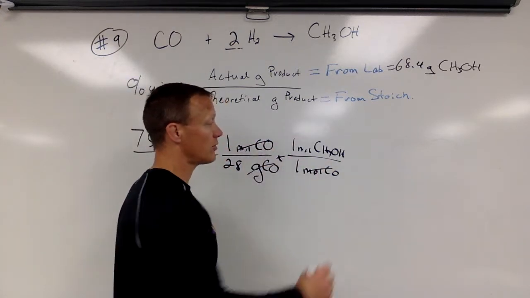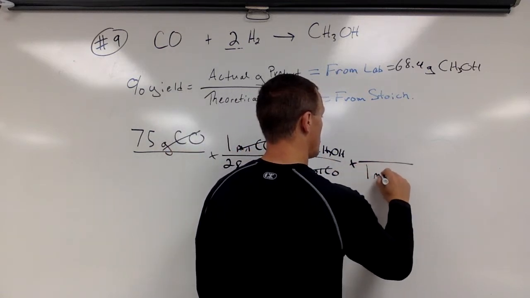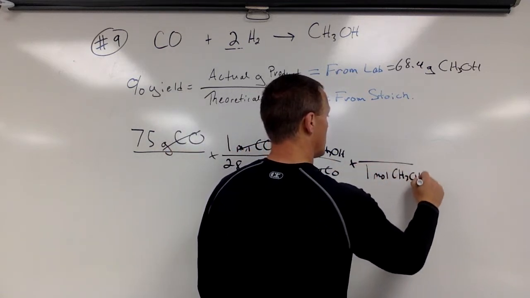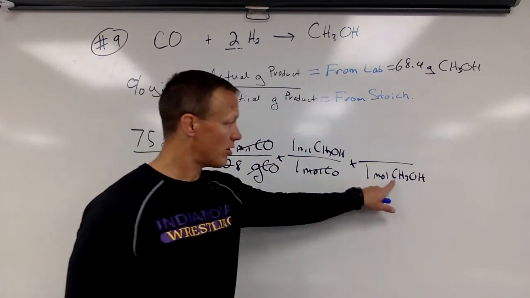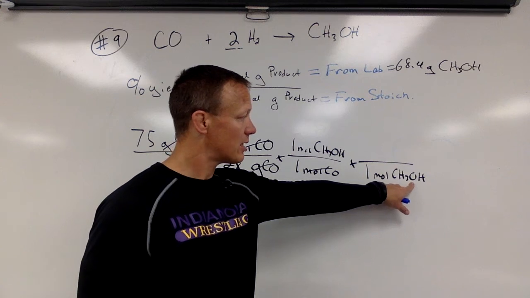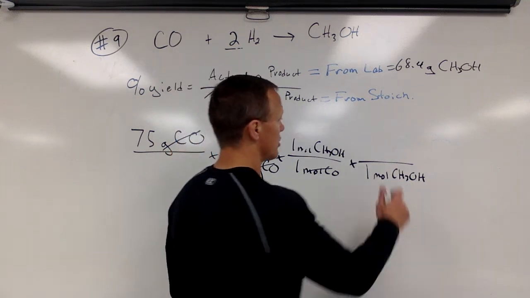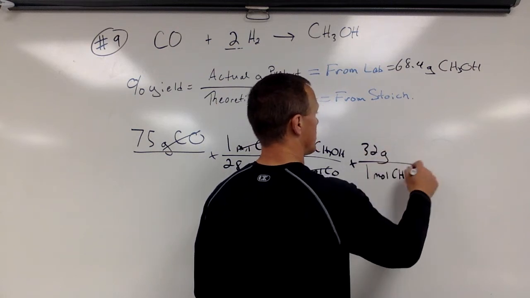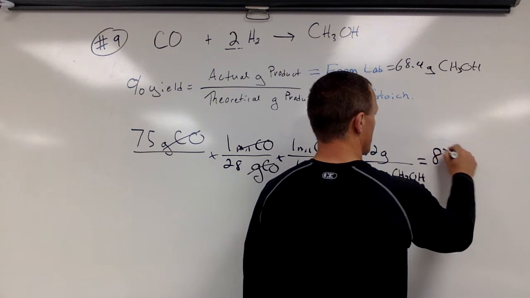Moles cancel. Turn this back into grams. 1 mole of CH3OH, look up on the periodic table: 12 plus 3 is 15, plus 16 for oxygen is 31, plus hydrogen is 32 grams. So if we do that, we get 87.5 grams.